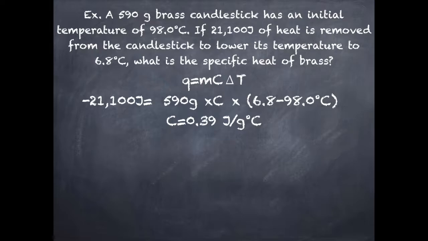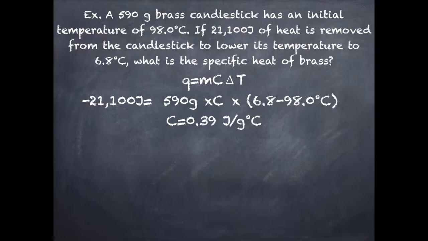So if you ever see the word remove, it implies that your heat is going to be negative. Now, should they have written negative 21,100 joules? No, because by writing it was removed, then they're all good. So if you get a problem where your Q is negative, you have two options.